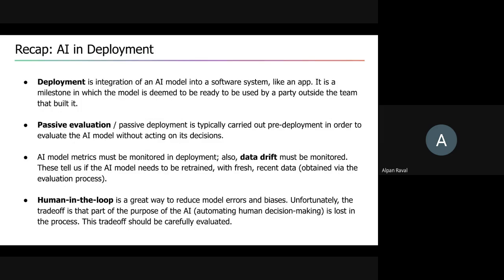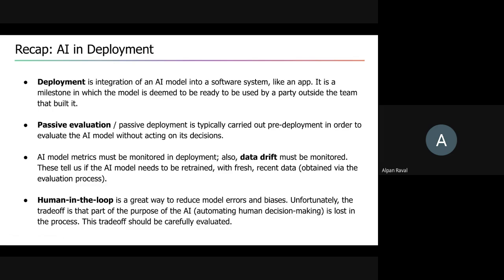Okay, so I think we end there for today with the recap. So we've discussed these various concepts. Deployment, as you know, is integration of AI into a software system. It's an important milestone in AI model development because it's a point at which the model is deemed to be ready to use by someone outside the team that built it. Right.